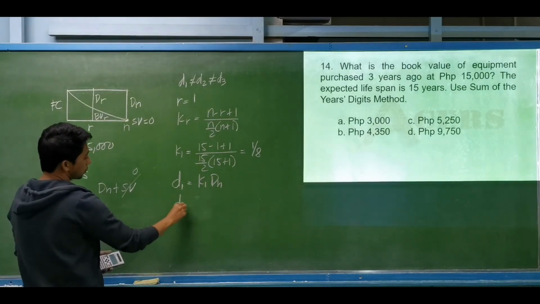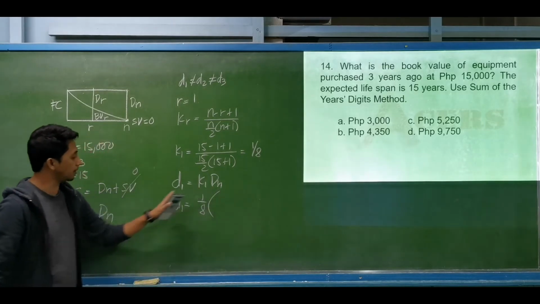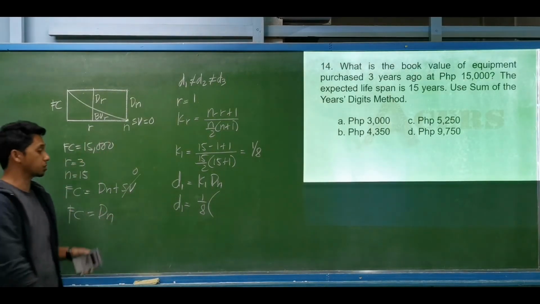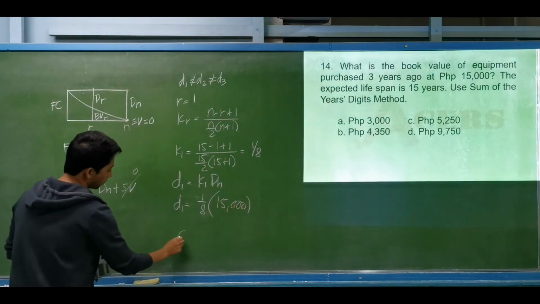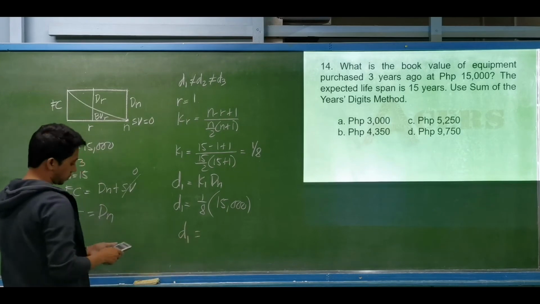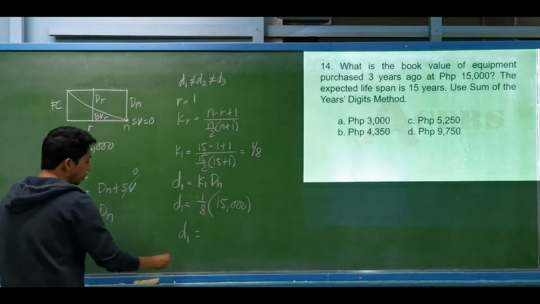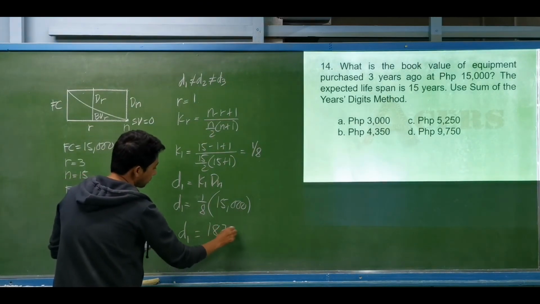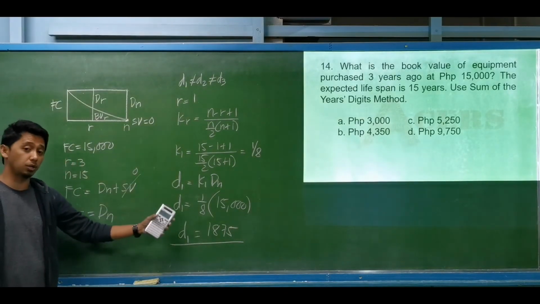What is the value of d sub n if the salvage value is equal to 0? The same as the first cost, which is 15,000. So the depreciation on the first year is equal to 1,875. Take note, this is the depreciation on the first year only.